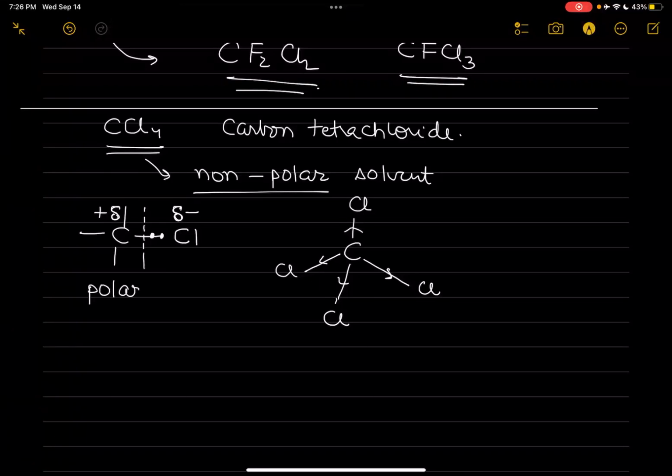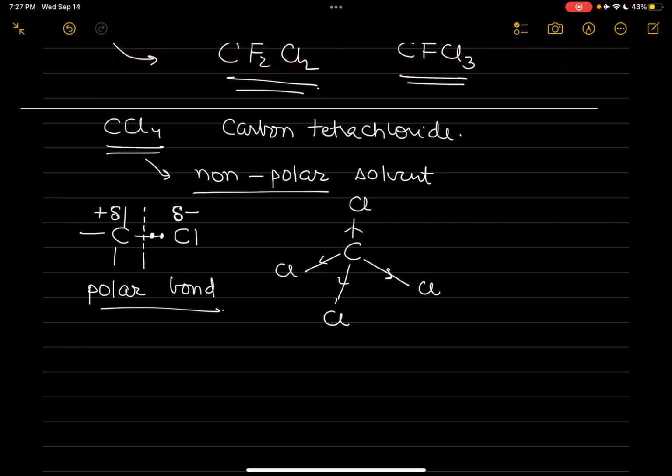Someone may ask you, this is a polar bond, right? In spite of having a polar bond, why is CCl4 non-polar? In spite of having 4 C-Cl bonds, why is it non-polar? It is because the 4 bonds are in equal directions, at equal angles, so the net pulling gets cancelled.